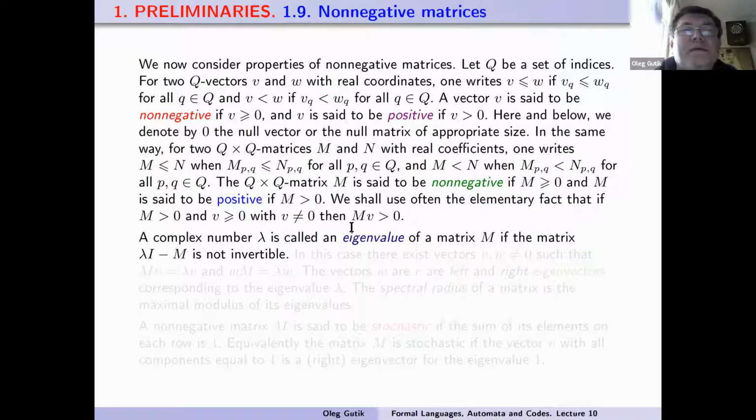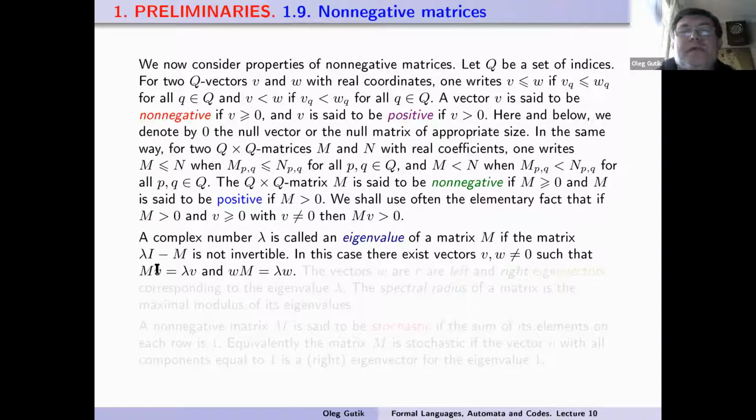A complex number lambda is called an eigenvalue of matrix M if the matrix lambda times the unit matrix minus M is not invertible.